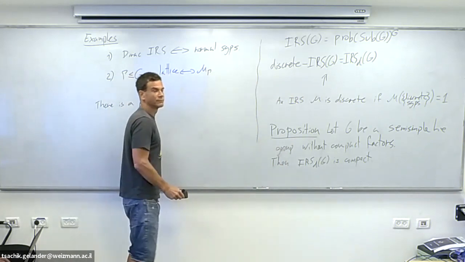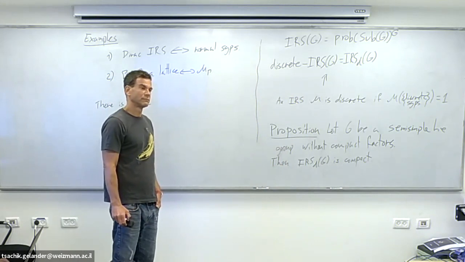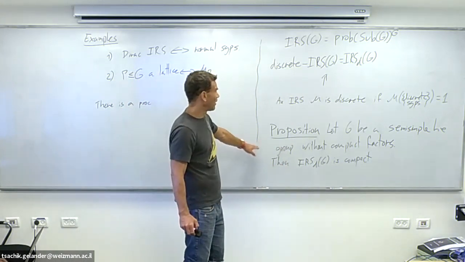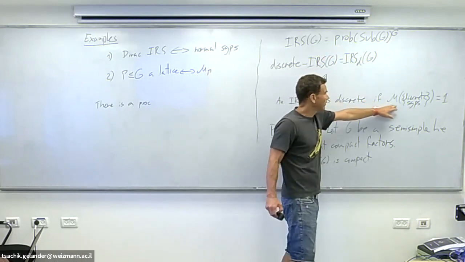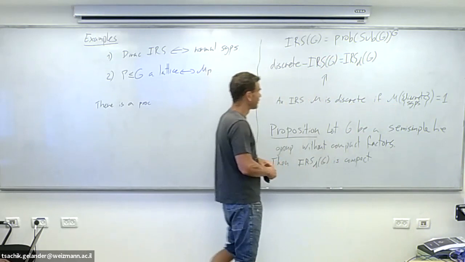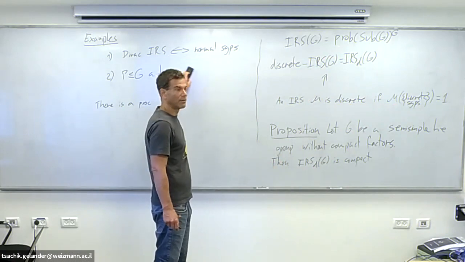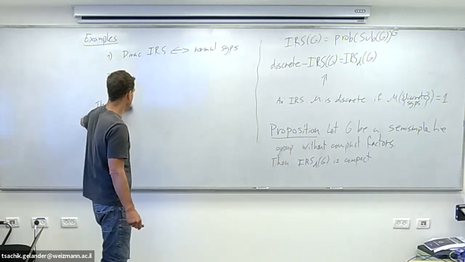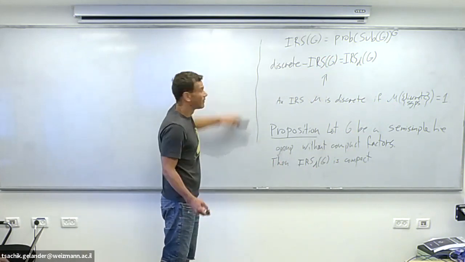Can all G-invariant measures on discrete subgroups be extended to a measure on Sub-G? Yes, I consider an IRS mu as a measure on Sub-G which gives probability 1 to discrete subgroups. I understand this direction, but in the other direction, if I have a measure on the discrete subgroups, does it come from some measure on the whole Sub-G?